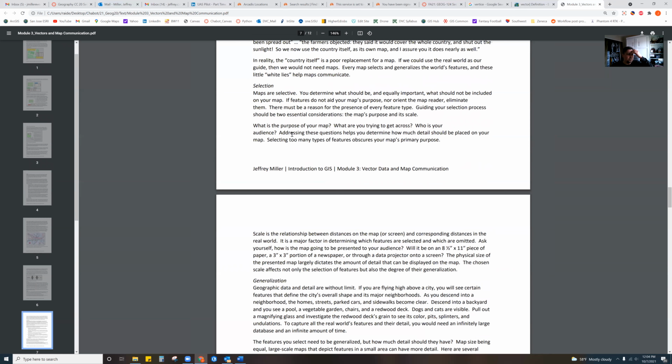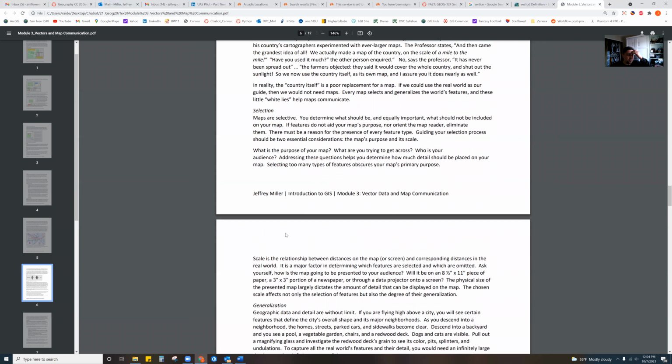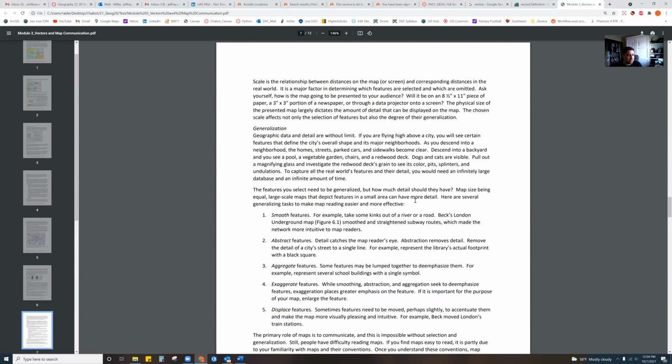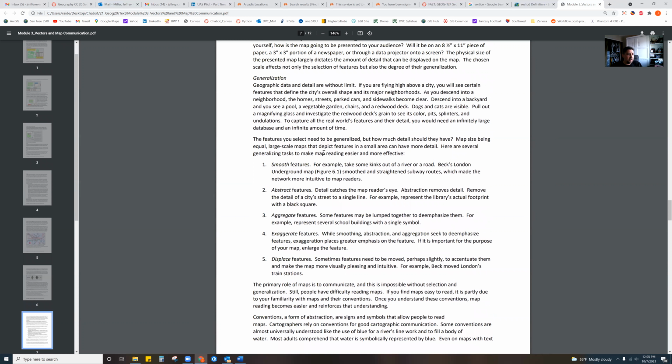Okay, so we get into this a lot more with these examples as you read on here. To generalize a map, to generalize features is a big part of the communication process. So think about maybe a stream or something. And like I said, it's a string of these various points.